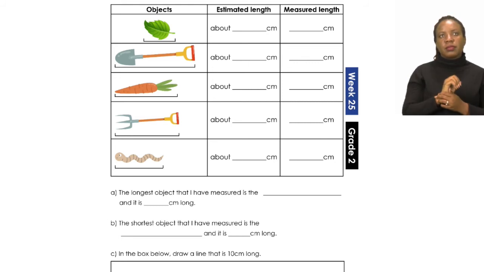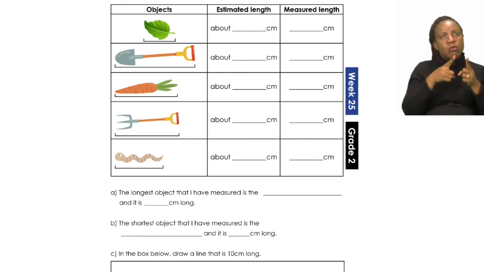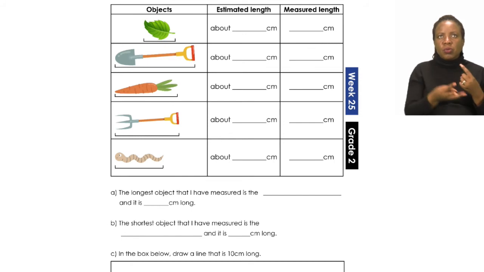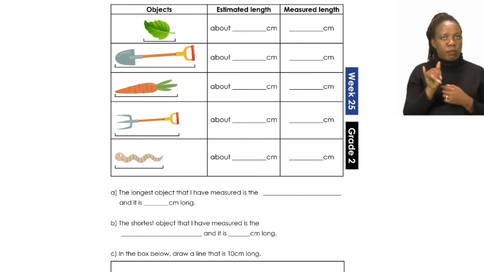Question A says that the longest object that I have measured is, so here you have to look at the longest object, or find the longest object and write it in there. Is it the leaf, the shovel, the carrot, the garden fork, or the worm? And you have to then write in how long it is.